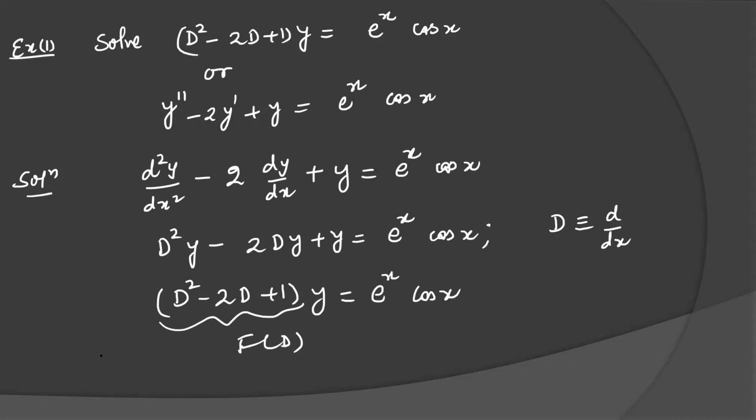For the complete solution of this differential equation, we will find the complementary function and the particular integral. For the complementary function, we write the corresponding homogeneous linear differential equation, (D squared minus 2D plus 1) y equal to 0.